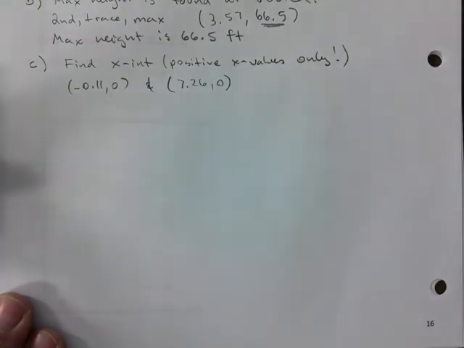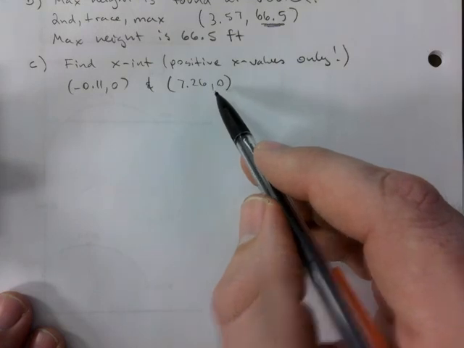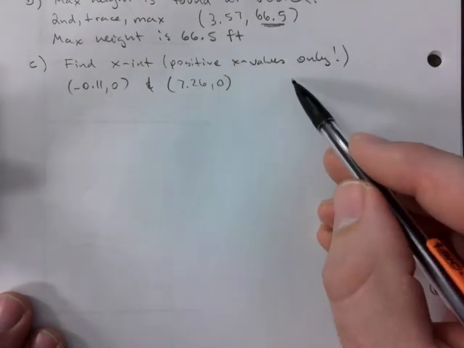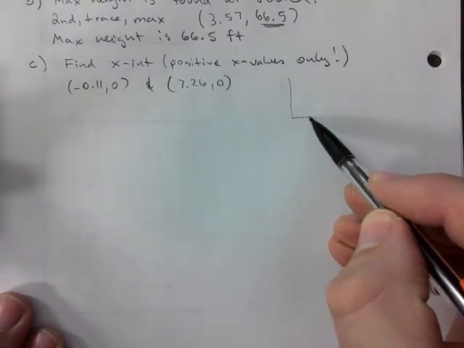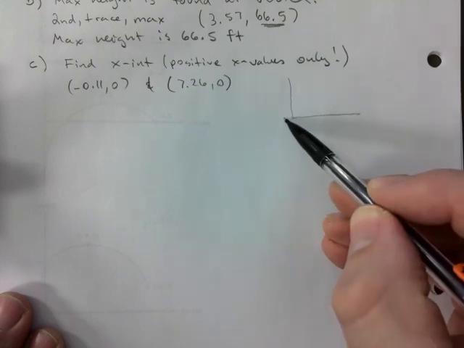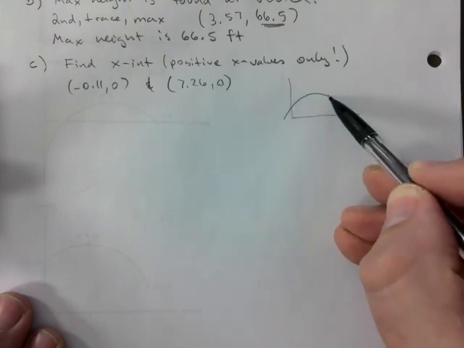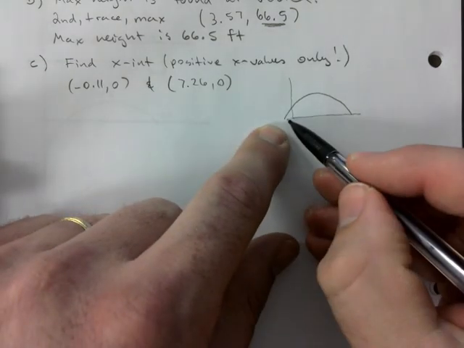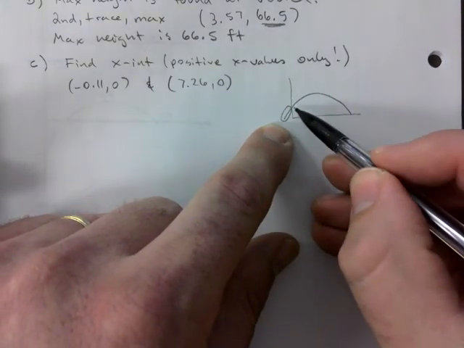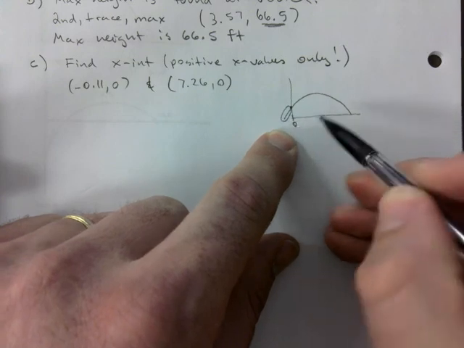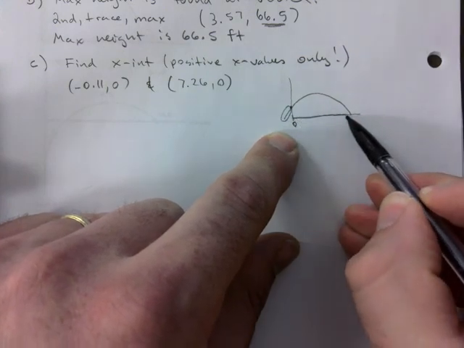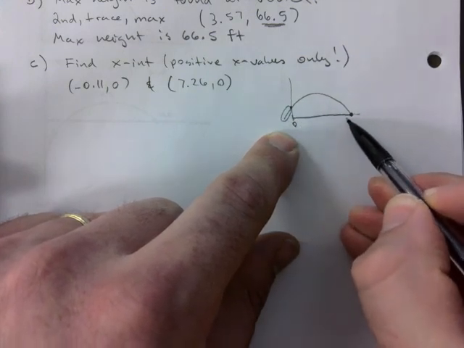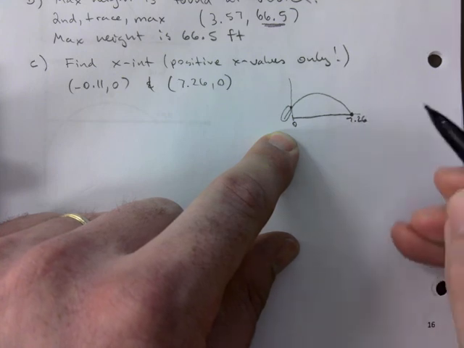And I will just answer this way. This is basically, your calculator is doing all of this, right? Nothing happens here. The ball starts at time 0, and it flies until it hits the ground right here, after 7.26 seconds.